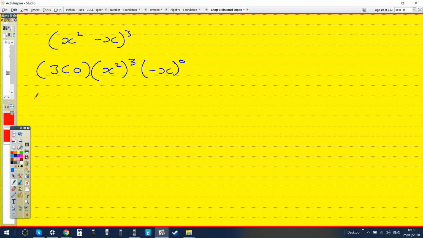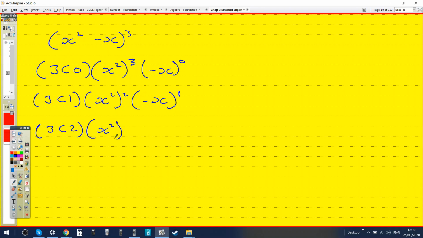And now 3 choose 1, brackets x squared to the power of 2, minus x to the power of 1. And then 3 choose 2, x squared to the power of 1, and then minus x to the power of 2. And then 3 choose 3, x squared to the power of 0, and then minus x to the power of 3.